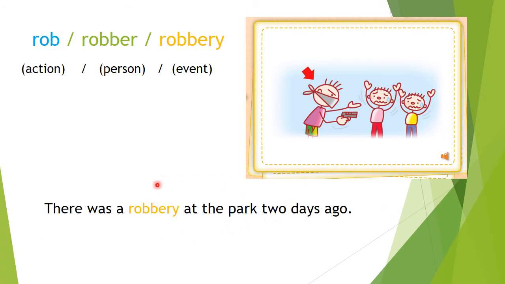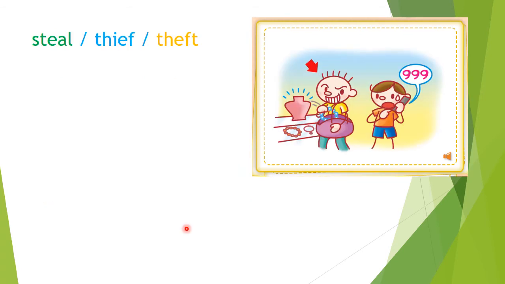Now we can talk about the event, what happened. And we use the word robbery. There was a robbery at the park 2 days ago. Remember, when we see ago, it is in past tense. A robbery.